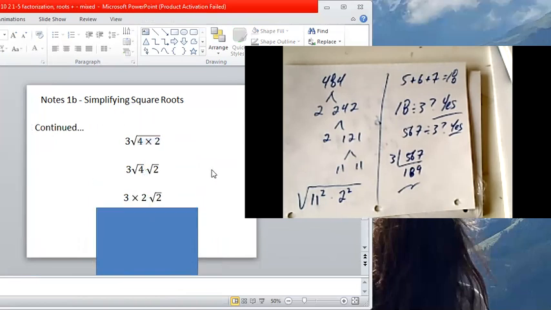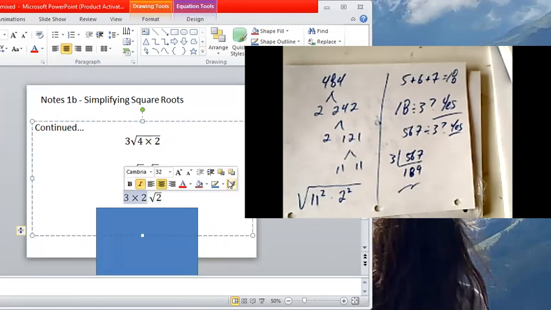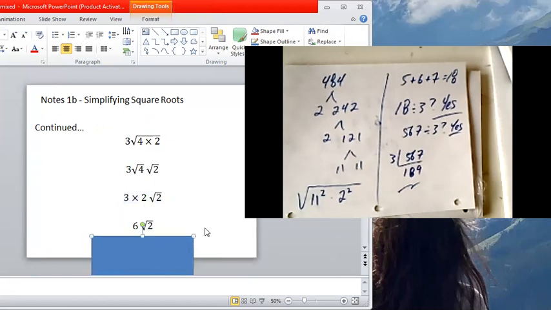And see, the effect on the outside is that these two numbers multiply together now. Give a final result of 6 and a 2 like that. So that is the process of changing from entire radicals to mixed radicals.